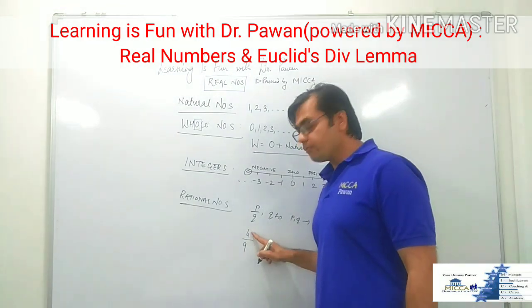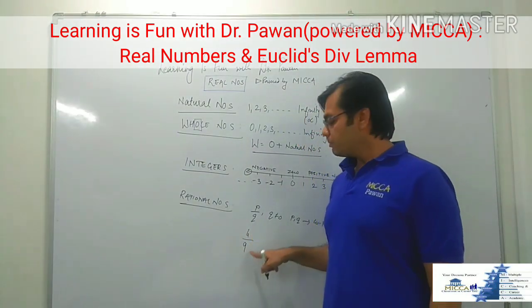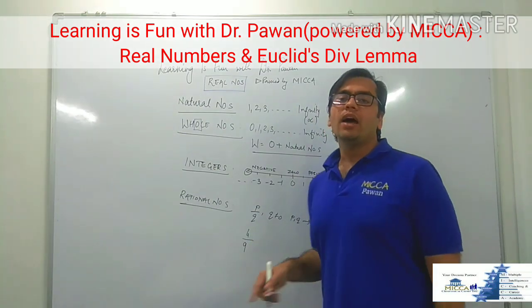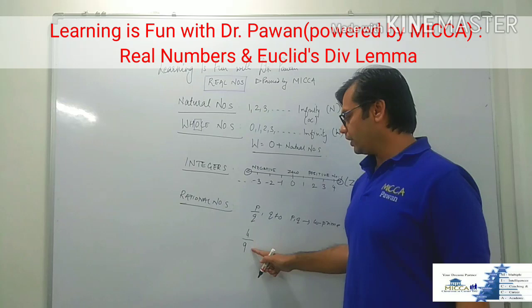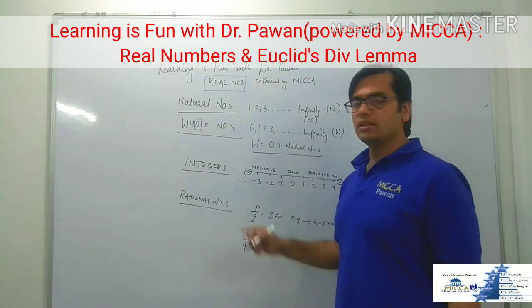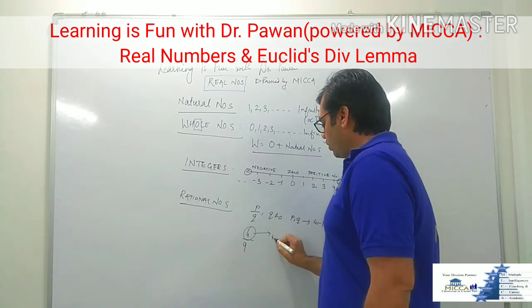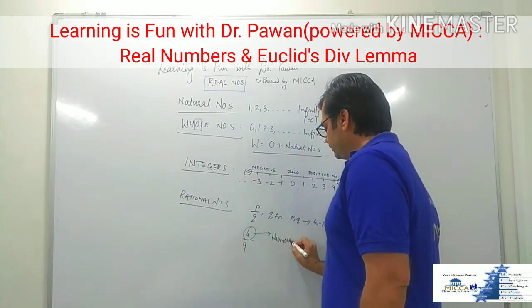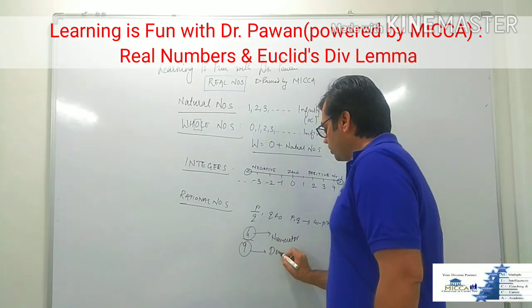But when we talk about 4 and 9, both are co-prime because 4 and 9 have no factor in common. So 4 by 9 is a rational number, where this guy at the top of the line is called the numerator and this guy here is called the denominator.